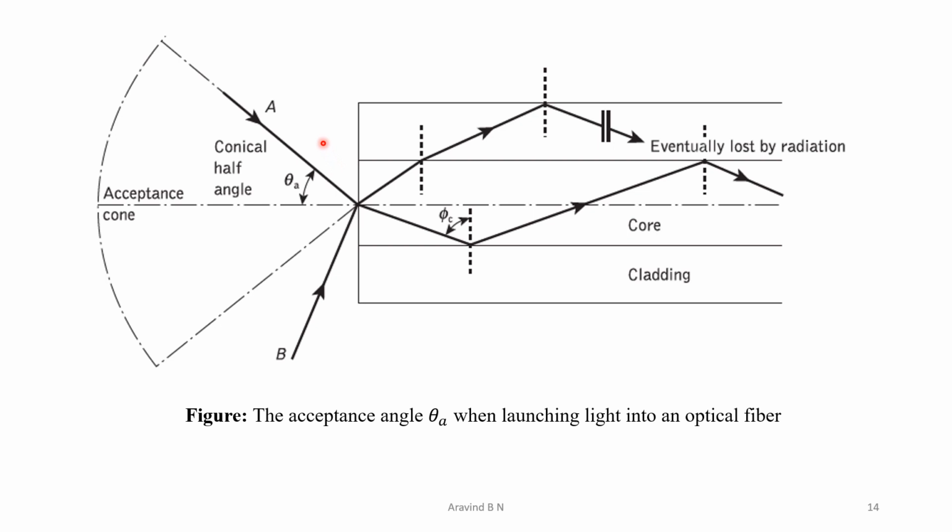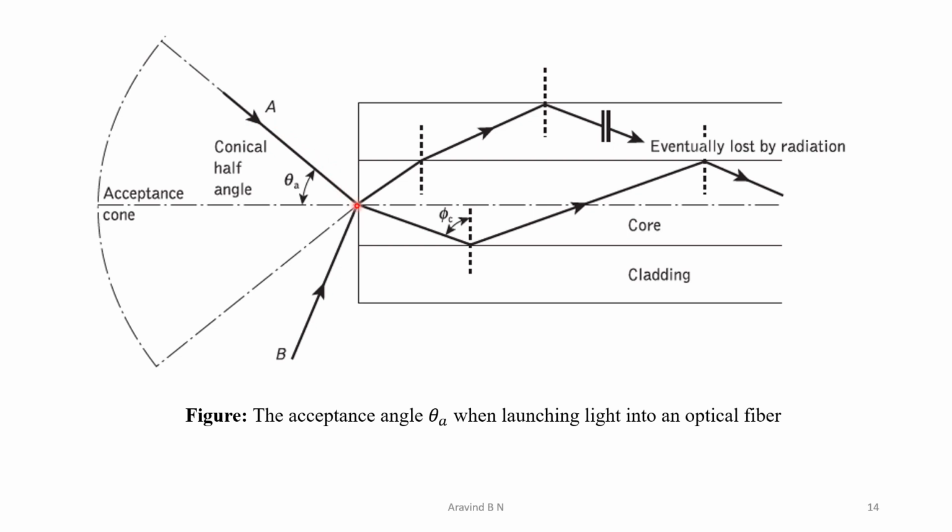Since this is the air medium and this is the optical fiber medium, the glass medium we can consider, the refractive indices of these two are going to be different. Therefore, when a ray enters from the air medium to the glass medium, there is a slight refraction happening. That we can clearly observe: the light ray is not a straight line.